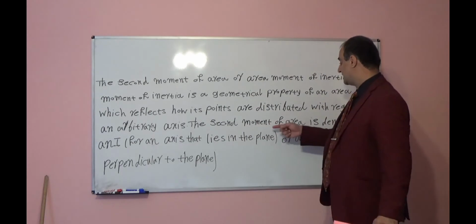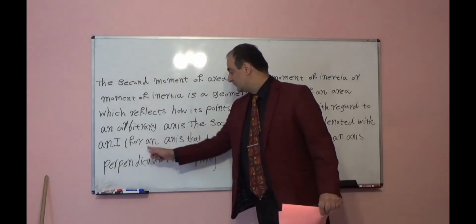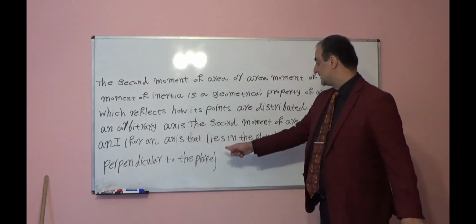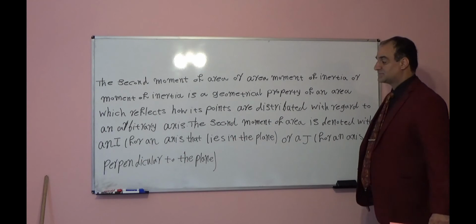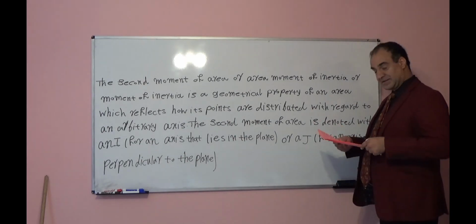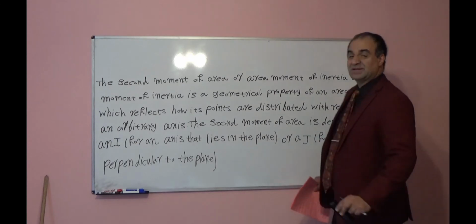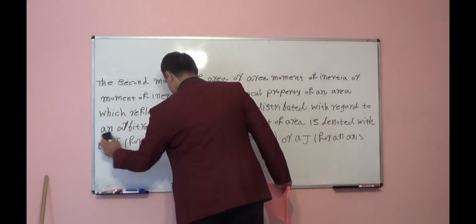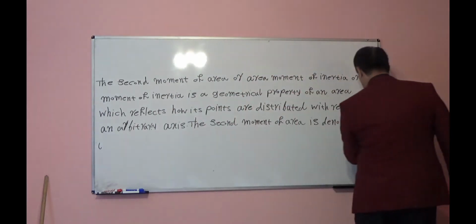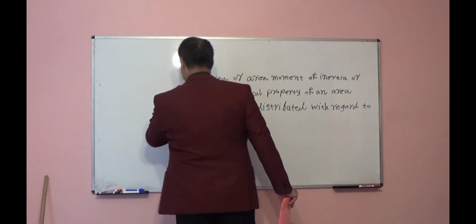The second moment of area is denoted with an I for an axis that lies in the plane, or a J for an axis perpendicular to the plane. This is the definition, but when will we use it and why do we need it?